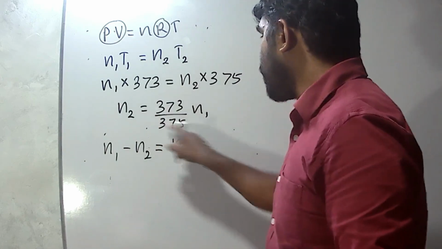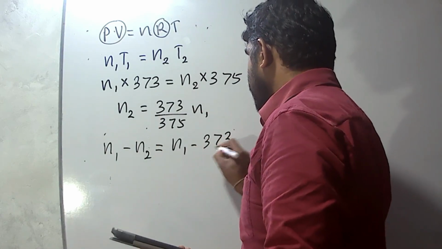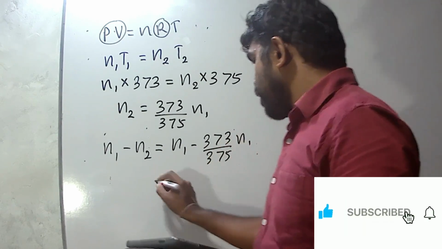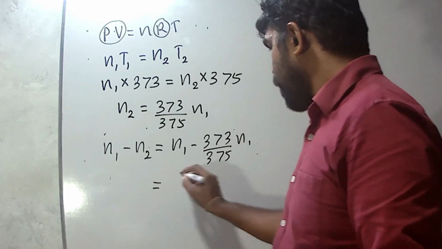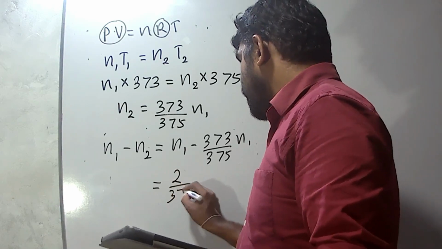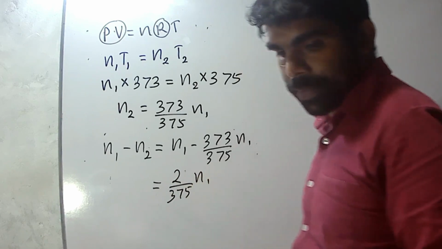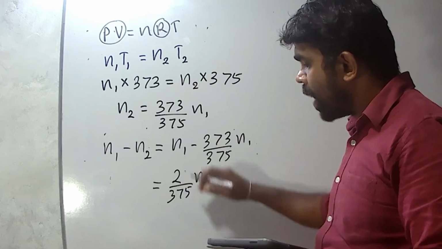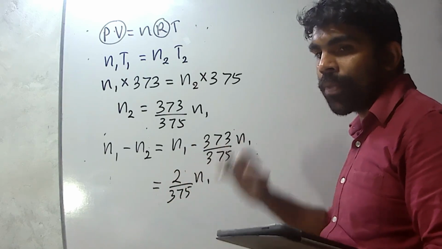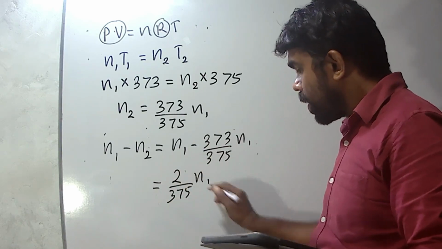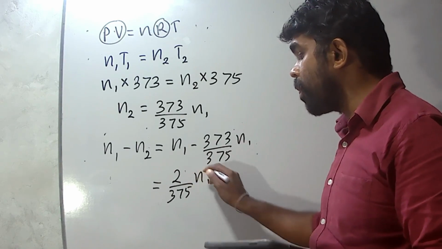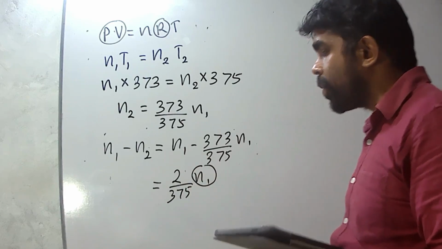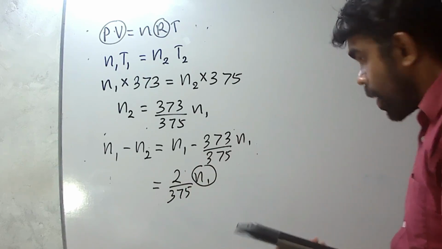N1 minus N2 value is 373/375 N1 subtracted from N1. Then the answer is 2/375 N1. When getting the ratio, we have to divide this value by the initial number of moles. When dividing by the initial number of moles, we can remove this one. Then the ratio is 2/375. Answer is 2.